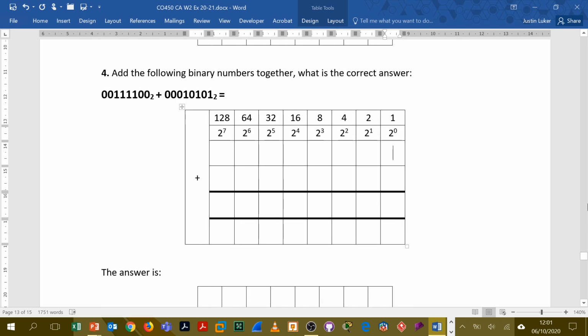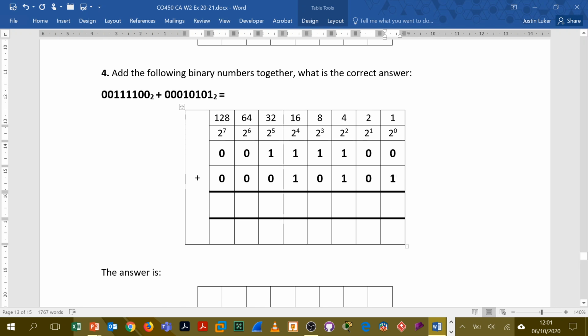I'll look at the next one. So 0, 0, 1, 1, 1, 1, 0, 0, 0, 0. Oops, didn't move across. 0, 1, 0, 1, 0, 1.